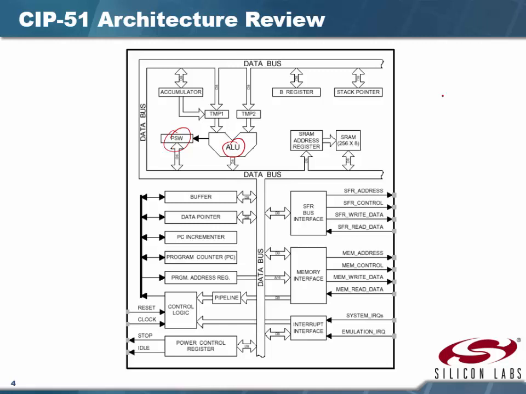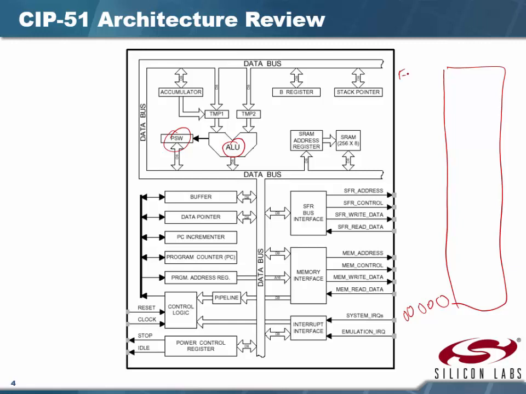Because the 8086, as you recall, had one address space, and it went from 00000, 5 hex numbers, to F right there. The 8051 actually has multiple address spaces.